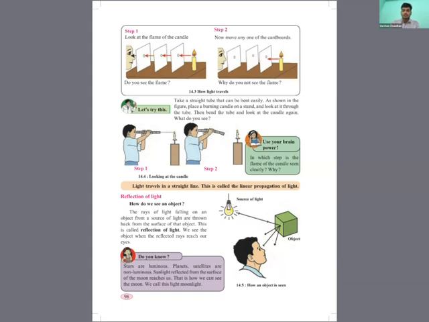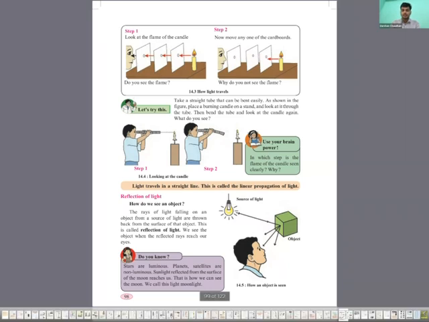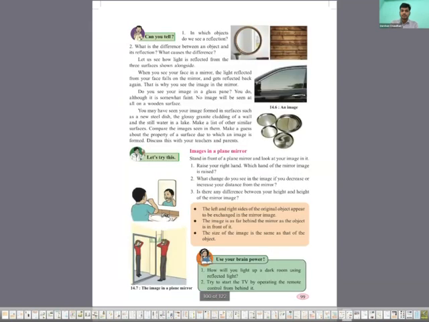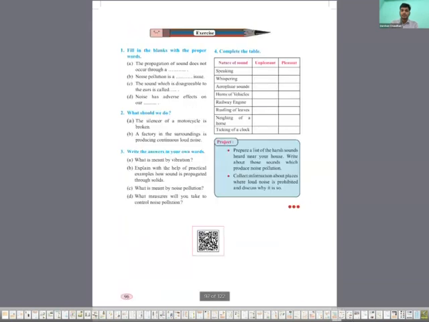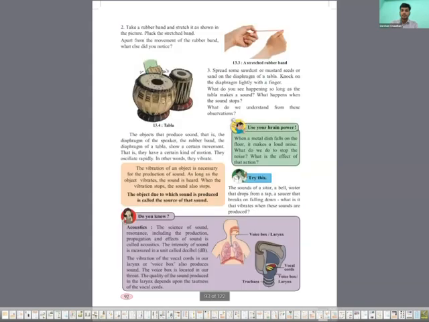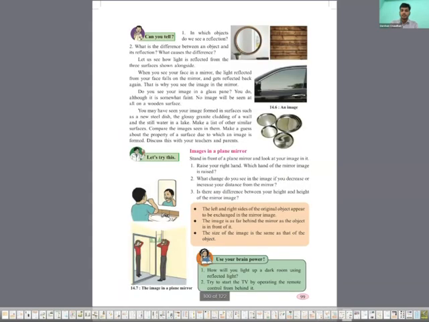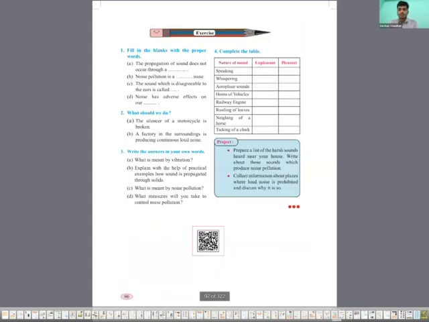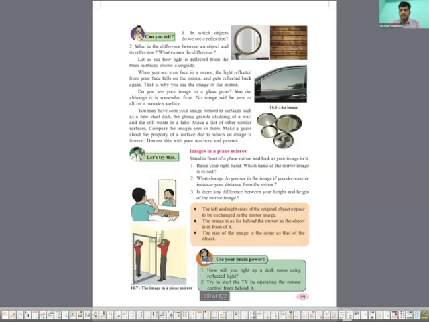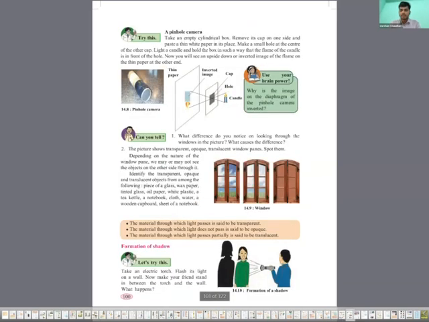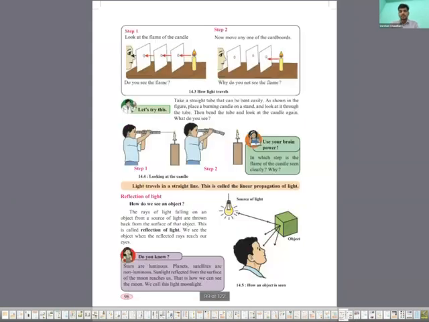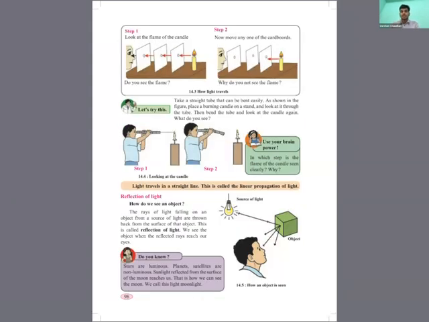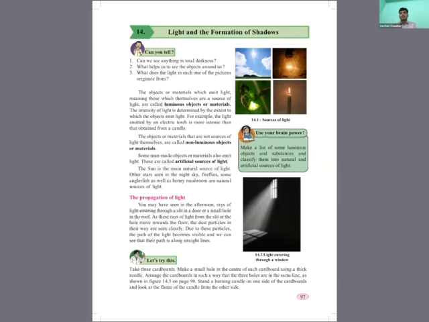These are the types of reflection of light. Here we learn what reflection of light is. Okay. Thank you.